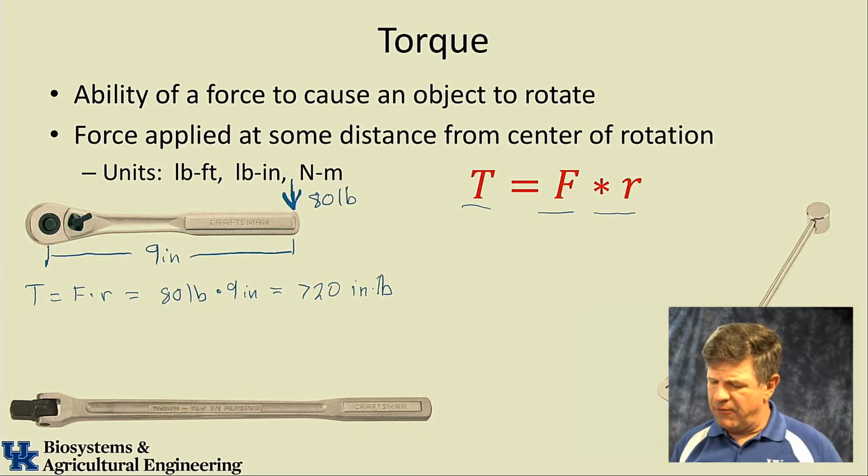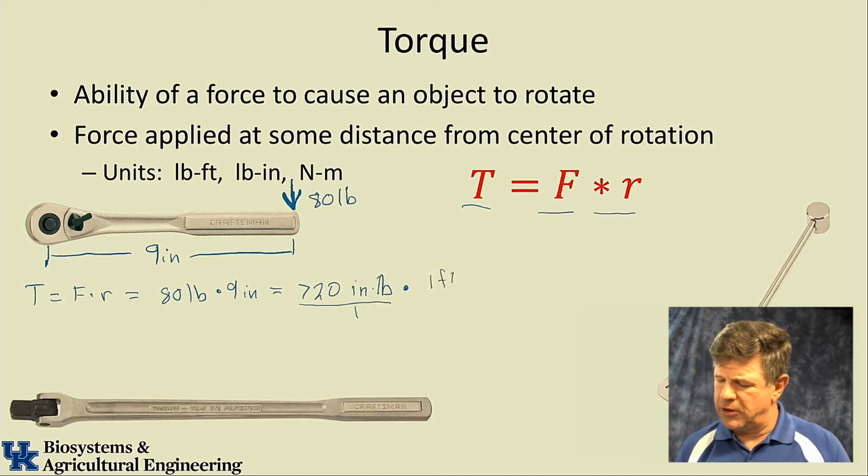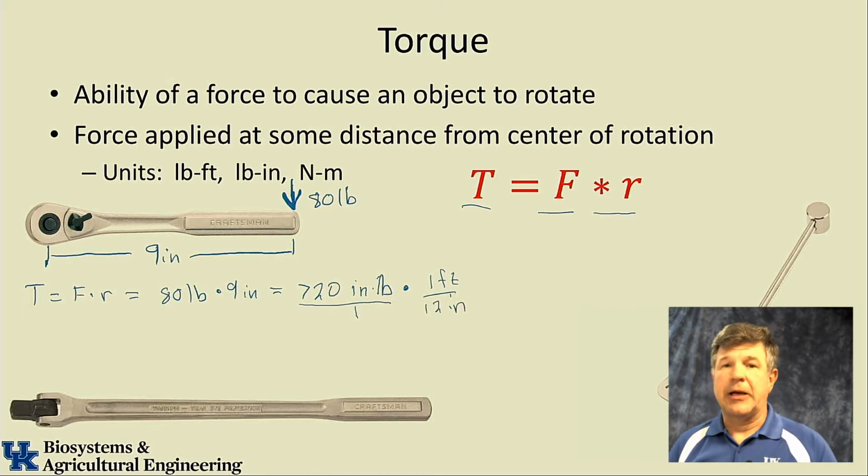Well, I can convert that from inches to feet because I know that there are 12 inches in a foot. So I can multiply 720 inch pounds by a fraction. We can think of this as a fraction over 1: 720 inch pounds over 1. I'm going to multiply that by 1 foot for every 12 inches, like that.